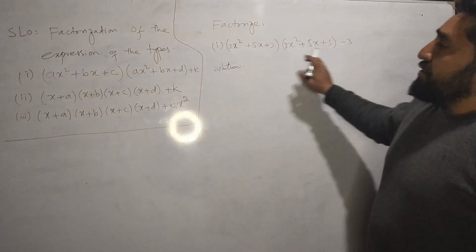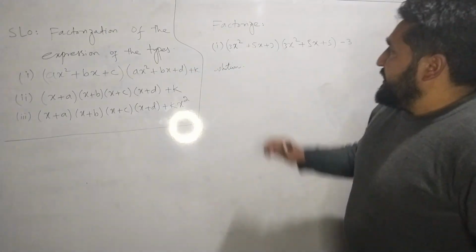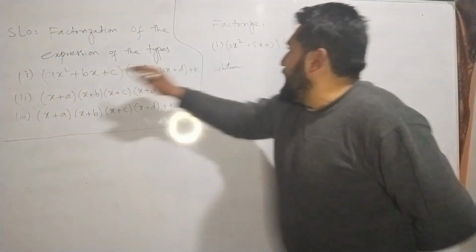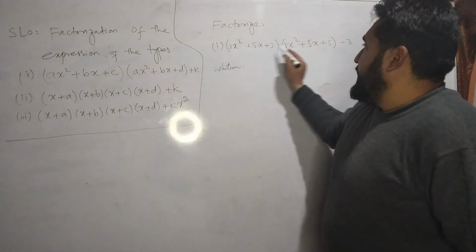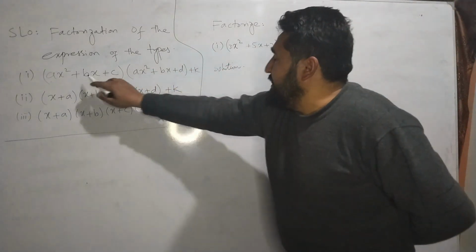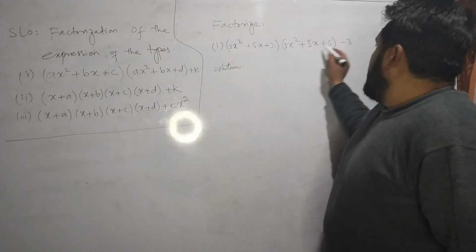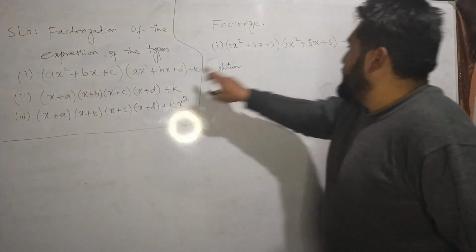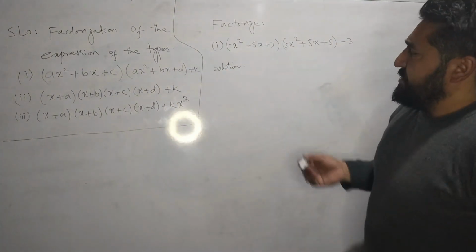Now this question belongs to the first type. Why? Because just compare these two questions. Here a is 3, here also 3, b is 5, here also 5. Is it clear? C is different, D is different and K is a constant term.